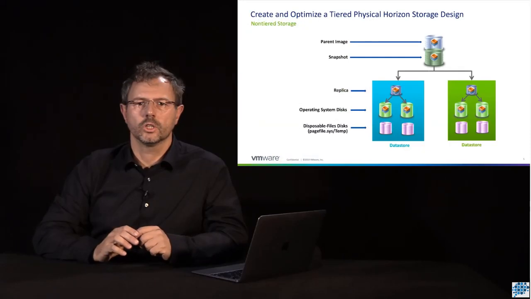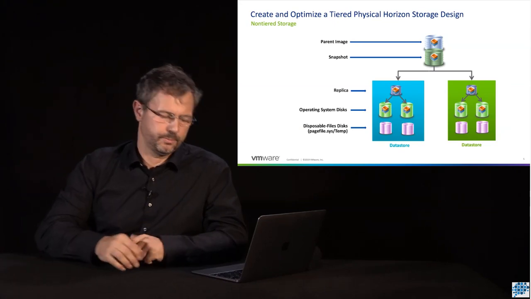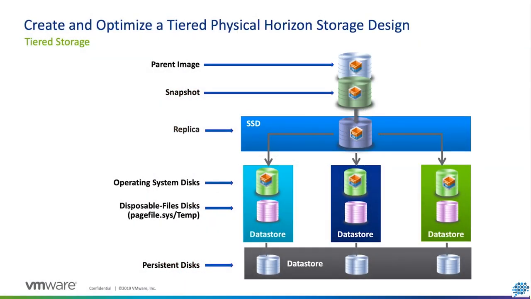So now let's have a look at how tiered storage looks different here. On this slide you can see a tiered storage model. Again, at the top of the slide you see the base VM with a snapshot. Out of these two components we again create our replica. But this replica is now being placed on a high-speed data store where we can have low latency and high throughput.